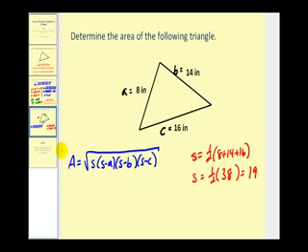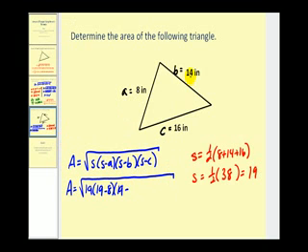Let's go ahead and apply our formula. The area of this triangle is going to be equal to the square root of 19 times 19 minus A, which is 8, so 19 minus 8, times 19 minus B, so 19 minus 14. And then lastly we have 19 minus C, and C is 16.